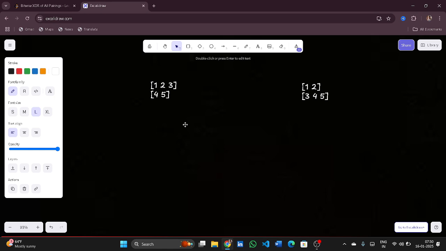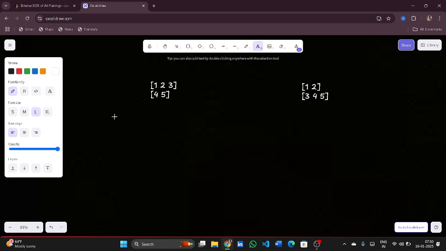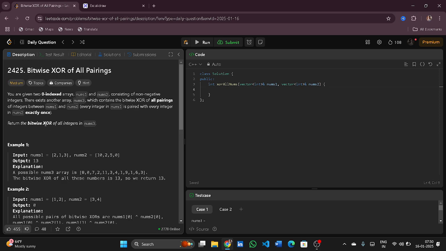time limit exceeded error. So now I'll take these two examples, 1, 2, 3, and 4, 5. Let me write the values: 1 XOR 4 initially. This is one thing, and here it will be XORed again because we need to return the bitwise XOR of all elements in nums3.